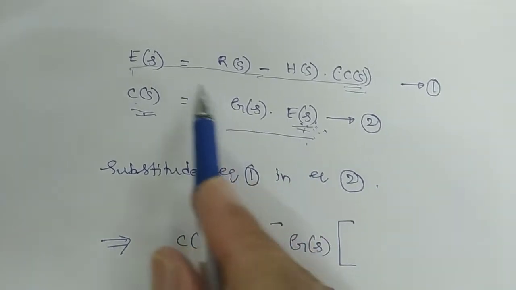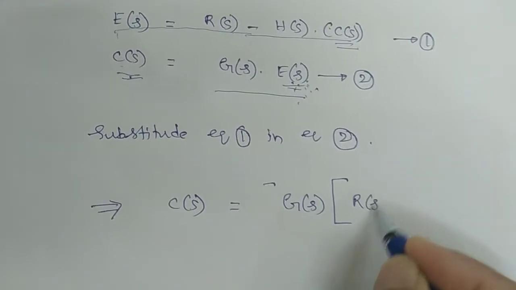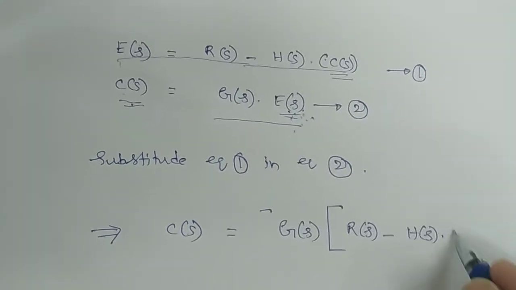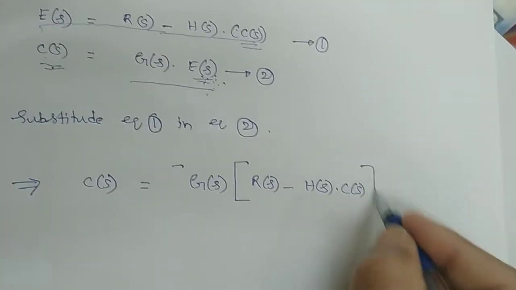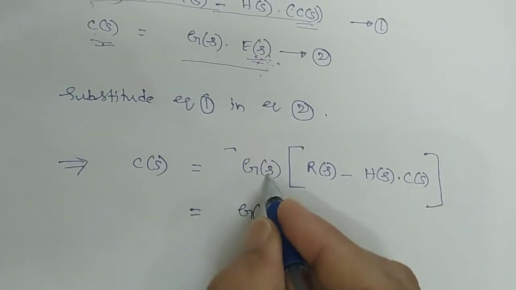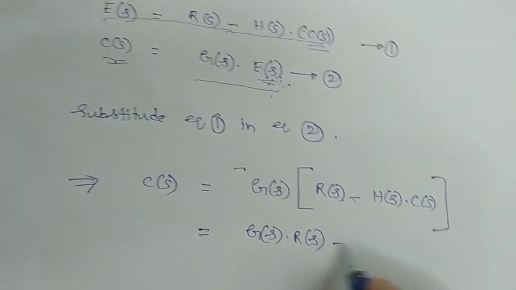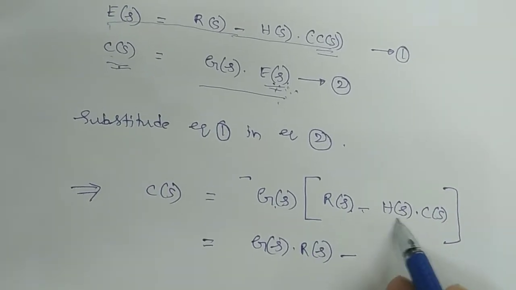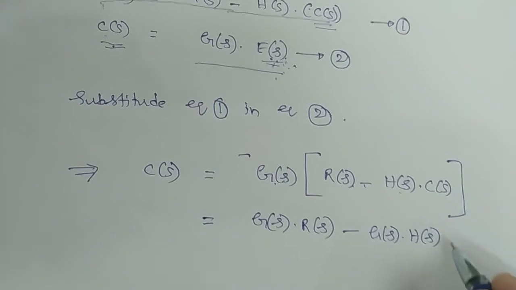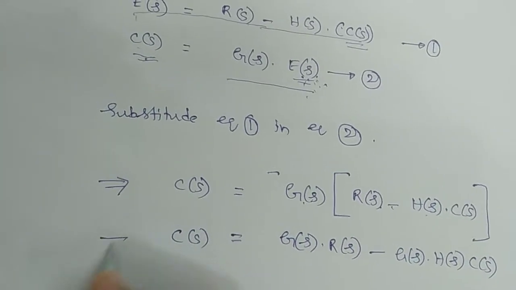This E(s) is nothing but R(s) minus H(s) into C(s). This you can further simplify: G(s) into R(s), minus G(s) multiplied with this, meaning G(s) into H(s) into C(s). This is what C(s) is equal to.